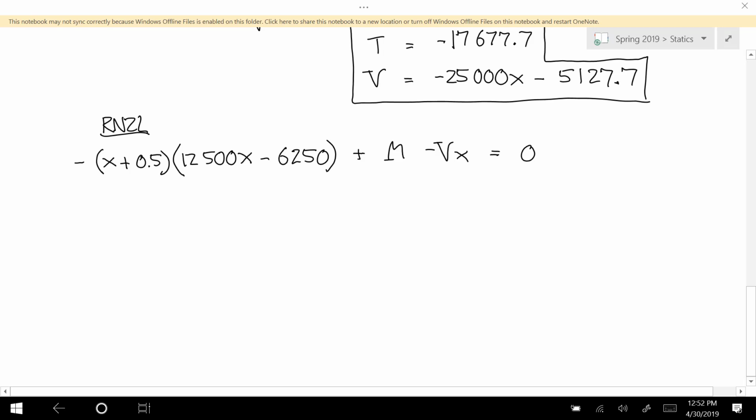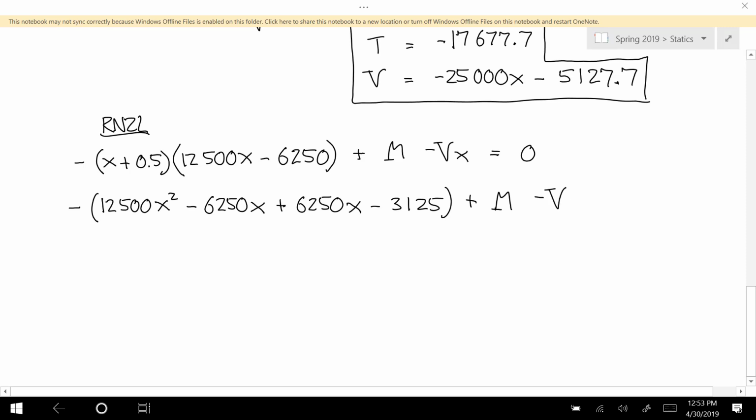Multiply this out, and you get negative 12,500x squared minus 6,250x plus 6,250x minus 3,125, plus m minus vx is equal to 0.